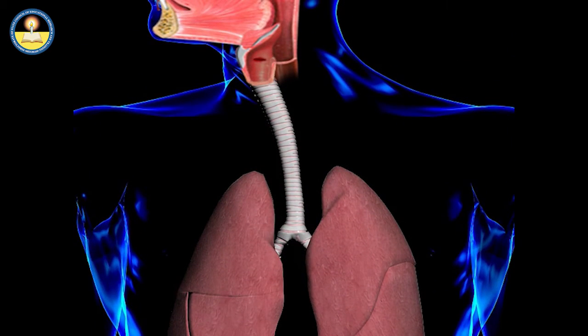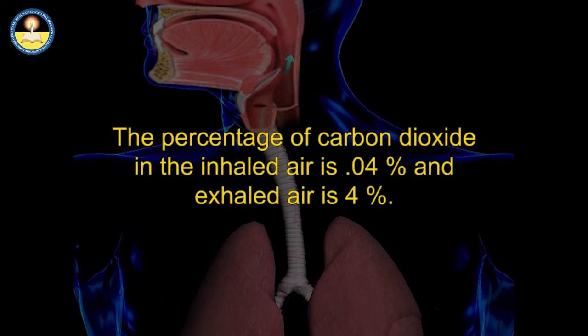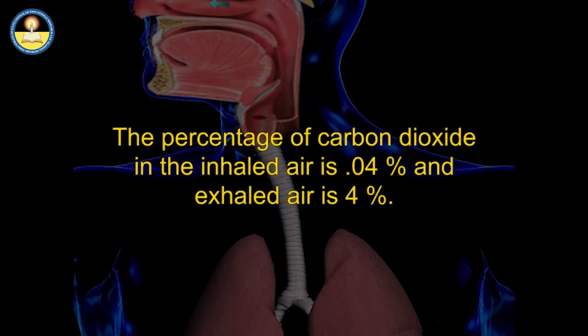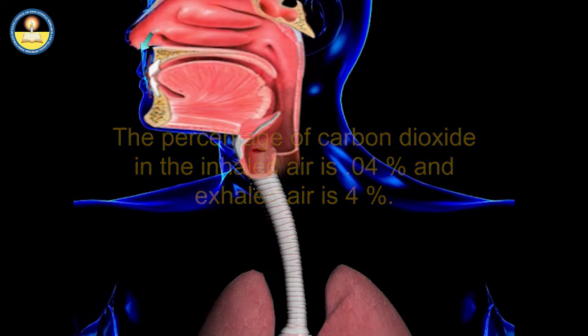Carbon dioxide that reaches the alveoli is breathed out of the body through the same route along with the other constituents of air. The percentage of carbon dioxide in the inhaled air is 0.4% and in exhaled air is 4%.